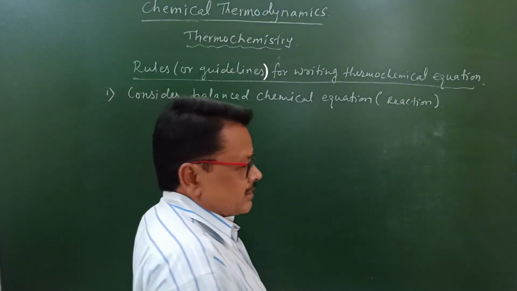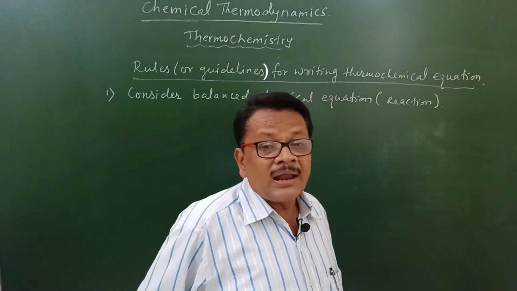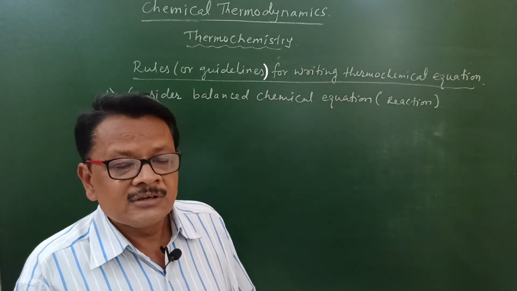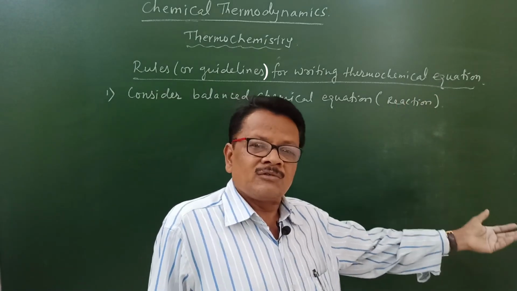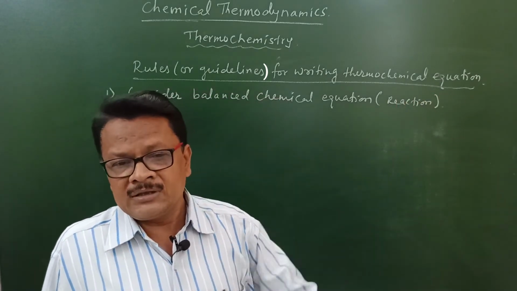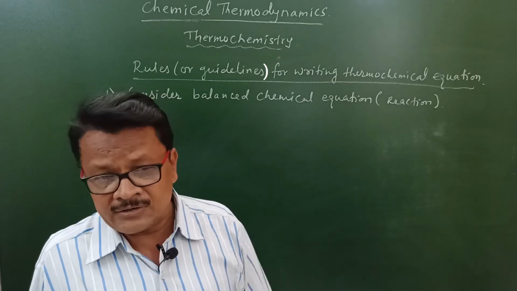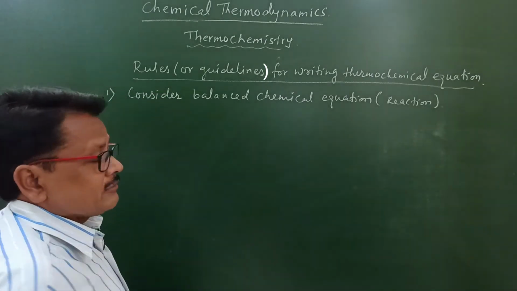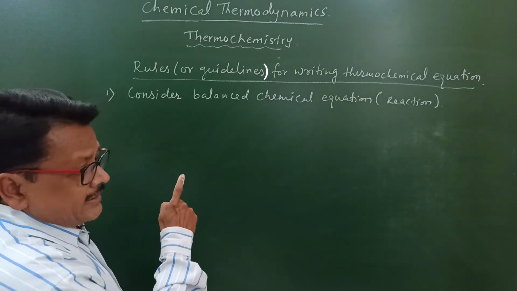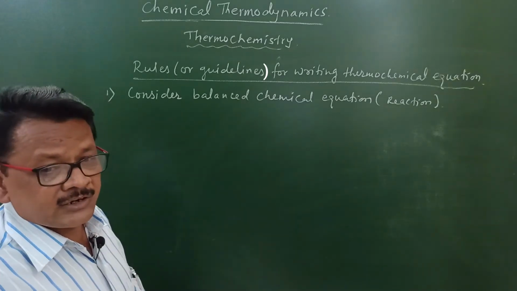It should be balanced, meaning the number of atoms on the left hand side must be equal to the number of atoms on the right hand side. We will see how a chemical equation is balanced and how to write it. First rule: it should be balanced on both sides.